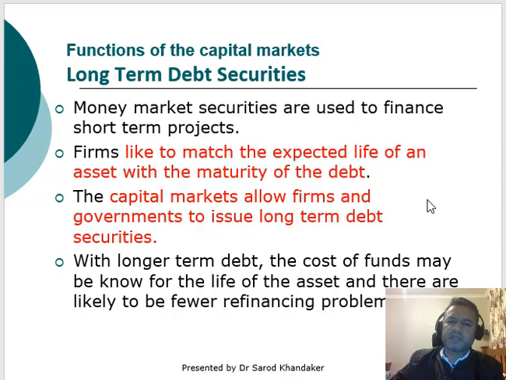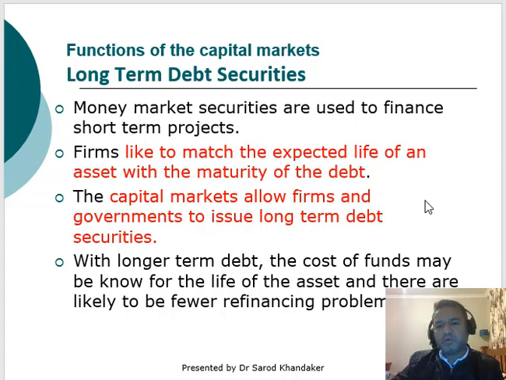Now the functions of the capital market and long-term debt securities. Money market securities are used to finance short-term projects, because money market instruments are for up to 1 year. However, for the capital market, the instruments could be for a longer time. Funds like to match the expected life of an asset with the maturity of the debt.